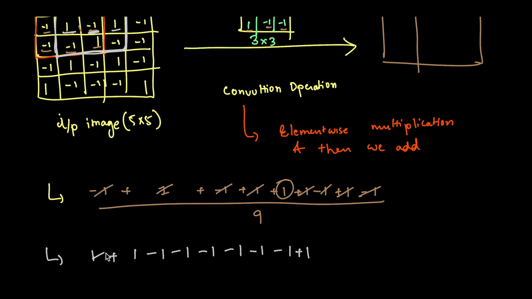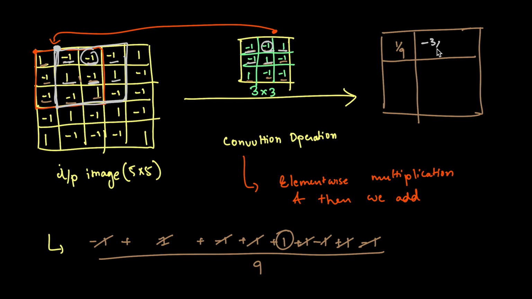Here if you observe, if we cancel out, 2 of the -1s will be gone along with these. So we'll be left with -3 overall by 9. This will be -3 by 9.